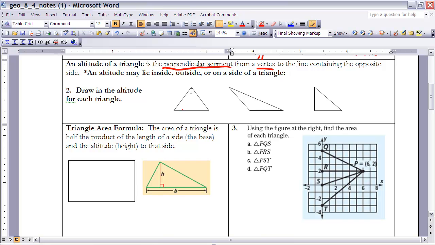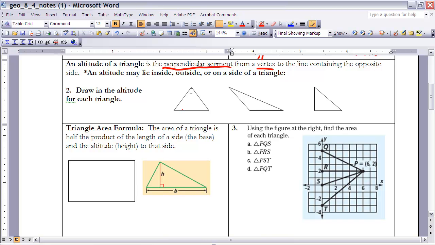Okay, so let's take a look at example 2. It says draw the altitude for each of the triangles, and we have 3 different shaped triangles here. Remember, each of them actually has 3 altitudes, but let's just draw one in for each of them.